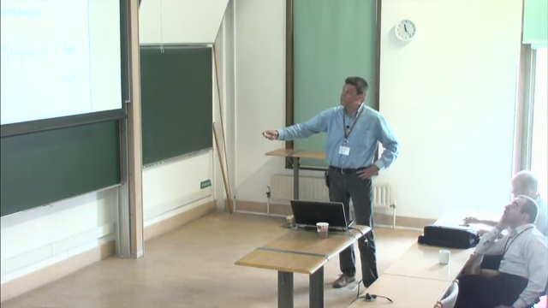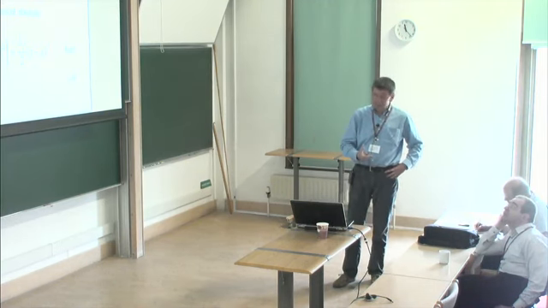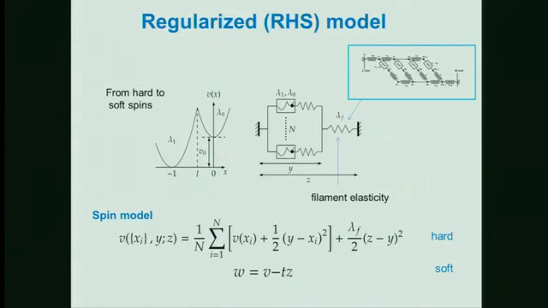Now, to see the robustness of these results, we'll also look at a more general system where we make two small modifications. We replace hard spins with soft spins, because to match experiments you have to have two different stiffnesses here. Also, knowing that our filaments are in fact elastic, we'll add a lumped description of this elasticity by adding this spring, and in this case the energy is slightly modified.